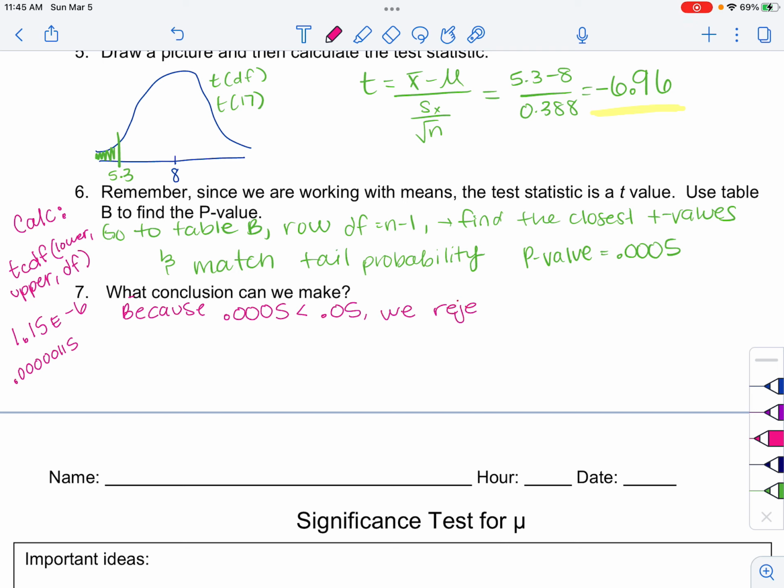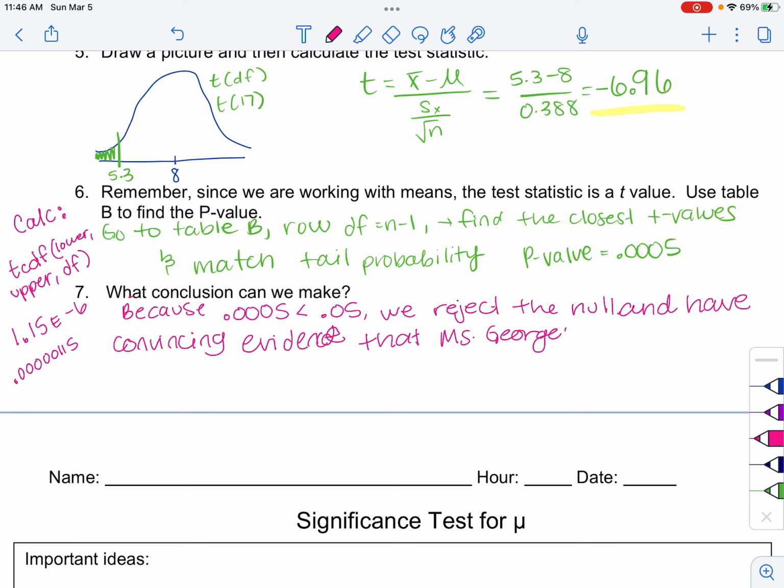We reject the null and have convincing evidence that Miss George's class has a mean hours of sleep less than 8.